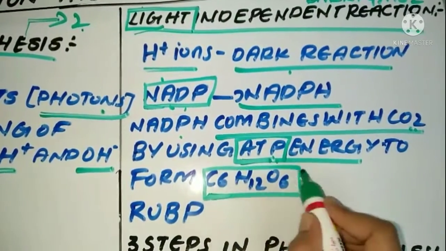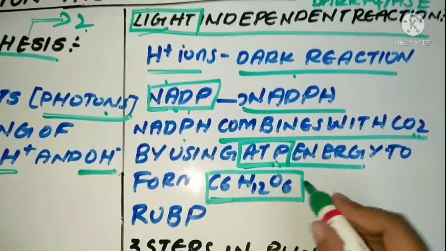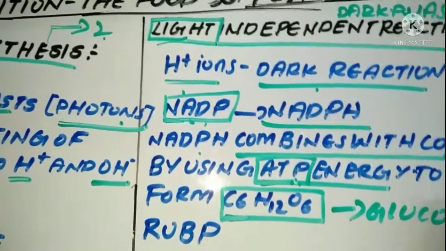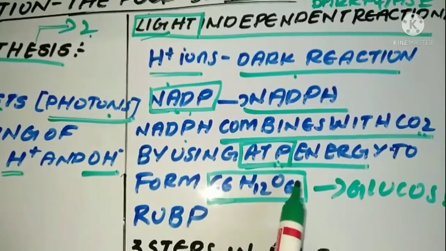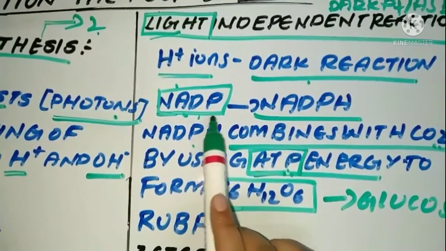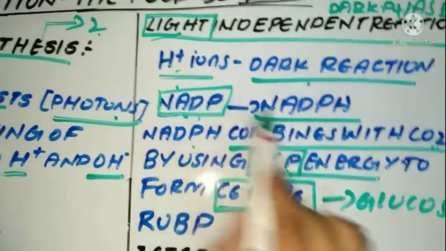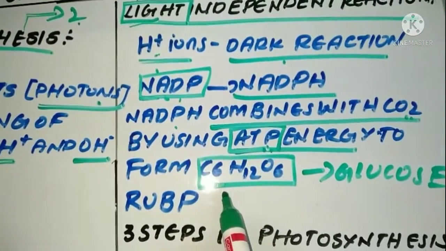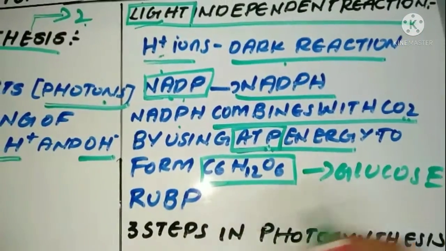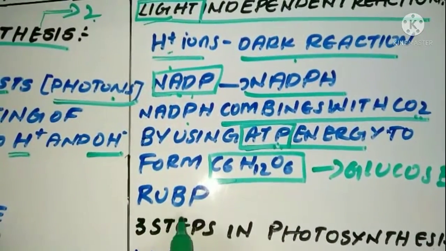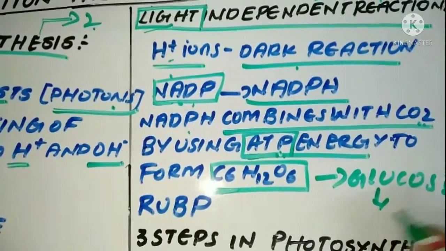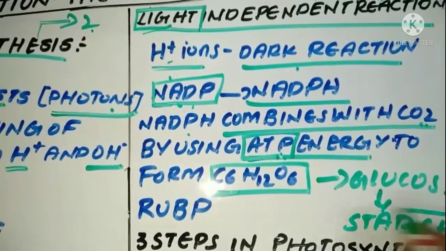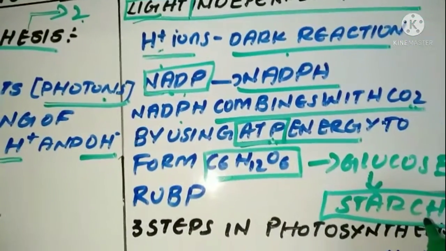By using ATP energy, NADP combines with H plus ions to form NADPH, and finally glucose is formed. This glucose, by using RuBP, that is ribulose 1,5 bisphosphate, is converted into starch. Finally, the starch is prepared in the process of photosynthesis.